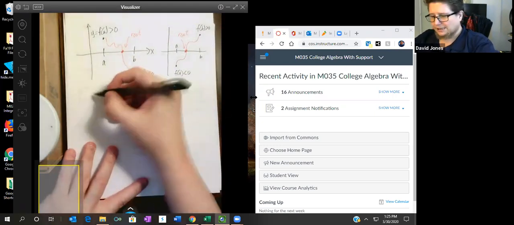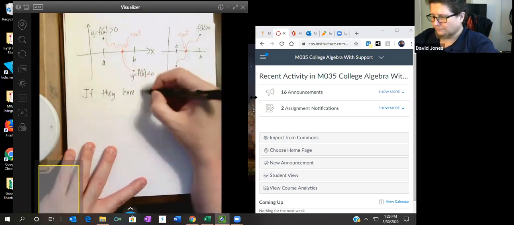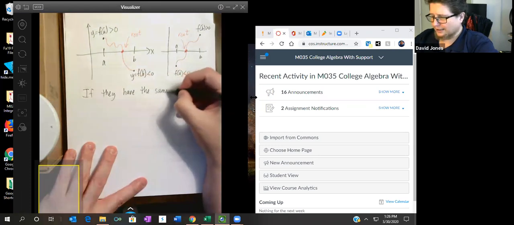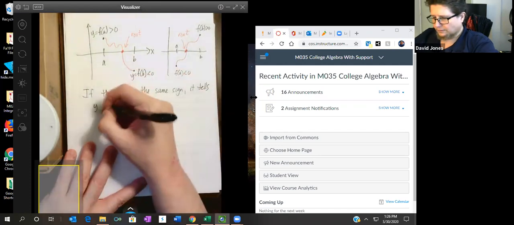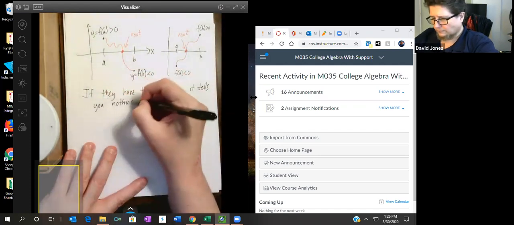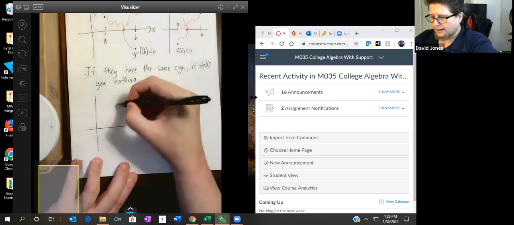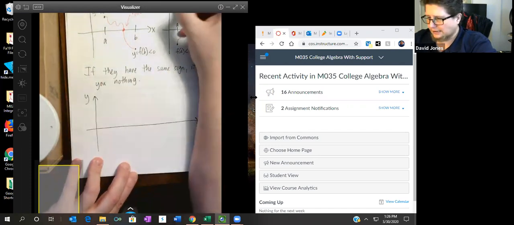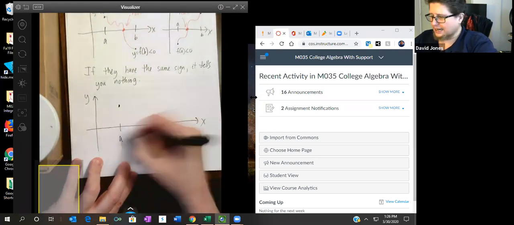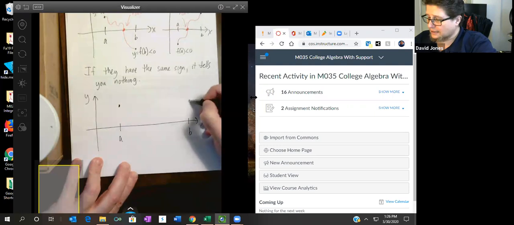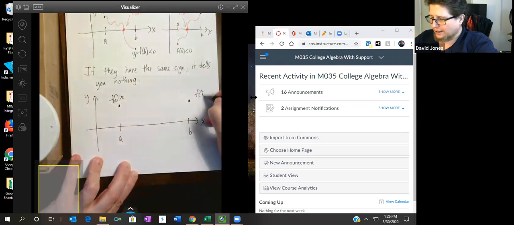However, if they have the same sign, it tells you nothing. That's y, x. Let's say this is A and this is B. So this is f of A, greater than 0, and f of B greater than 0.